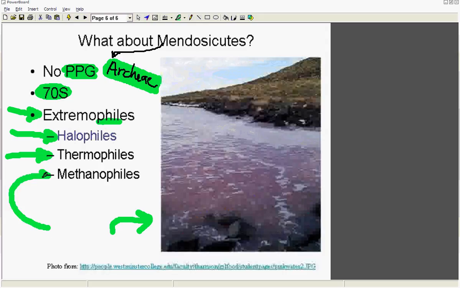And then methanophiles are organisms that grow on or near methane gas, like, for example, what you would see next to volcanic vents where volcanic gases are being released. And that's the end of our lecture on prokaryotes. Next up, we will be talking about eukaryotes.